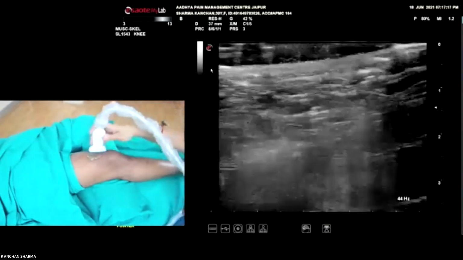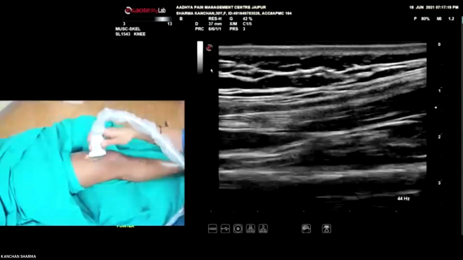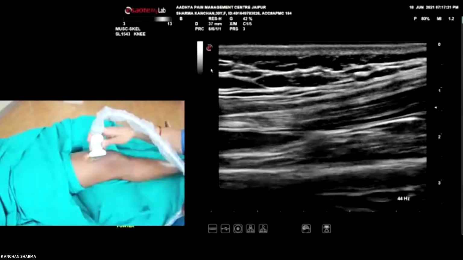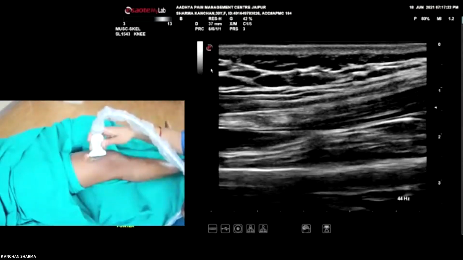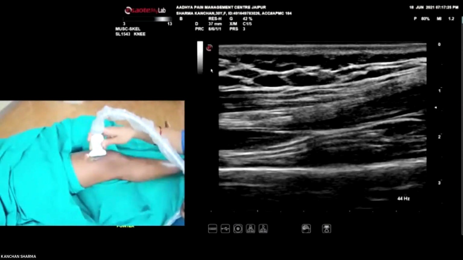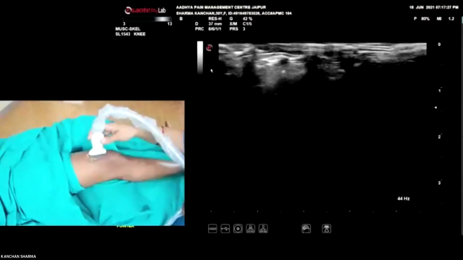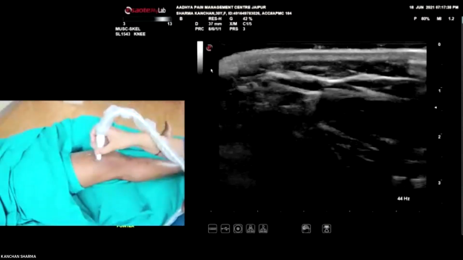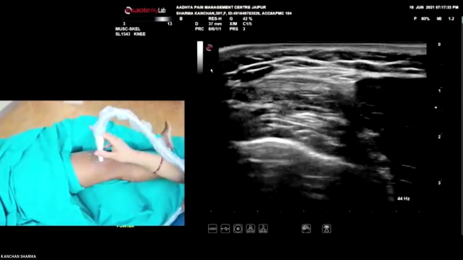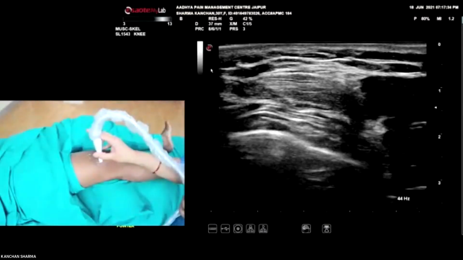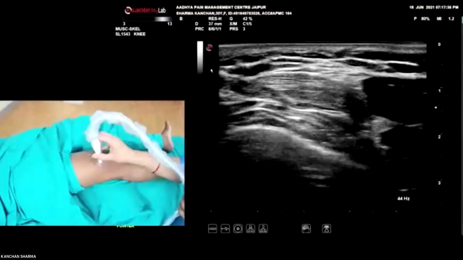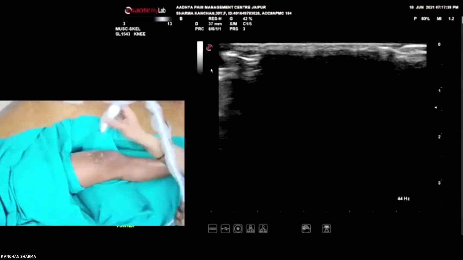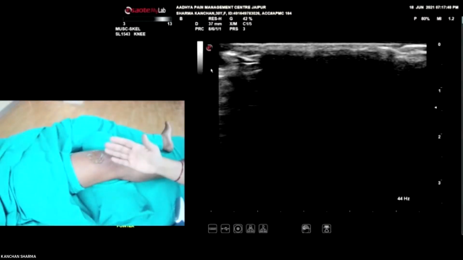Now see, if my probe is in the long axis, this is how it looks, because this is how the quadriceps tendon is going to come, right? Now if I rotate the probe like this, see, the things have changed. It has become more oval, right? So this is what I just discussed about the long and the short axis.